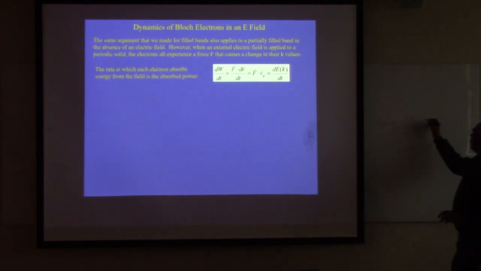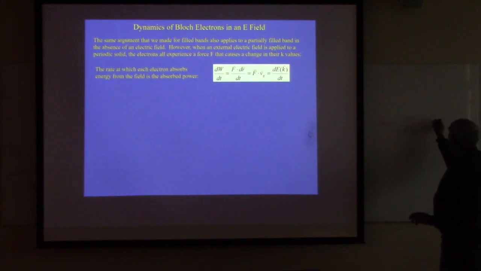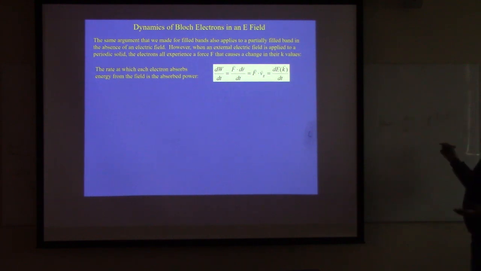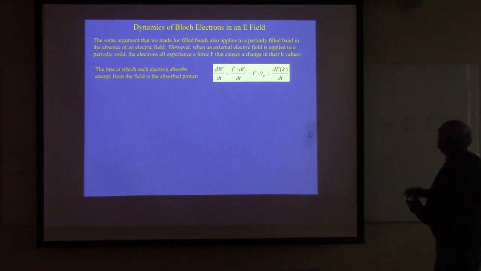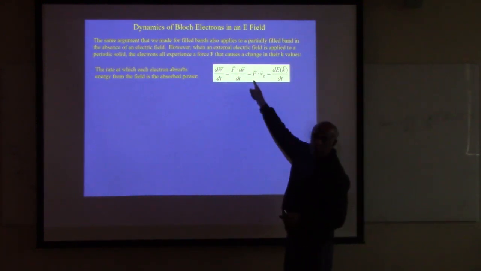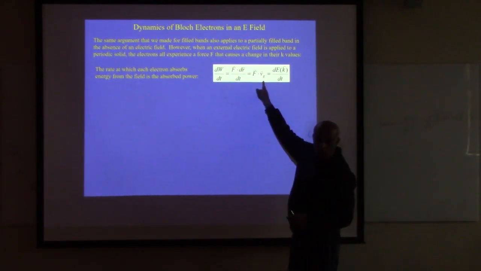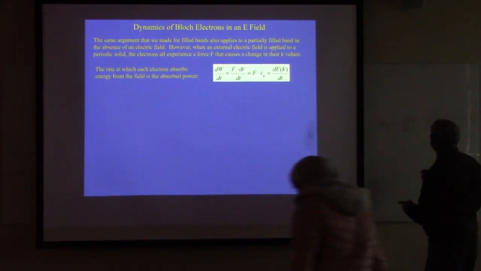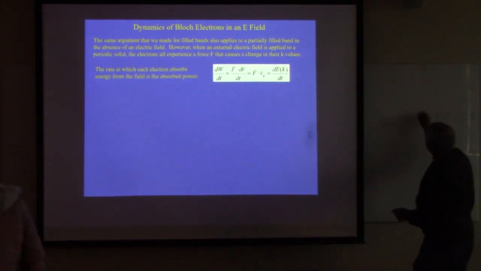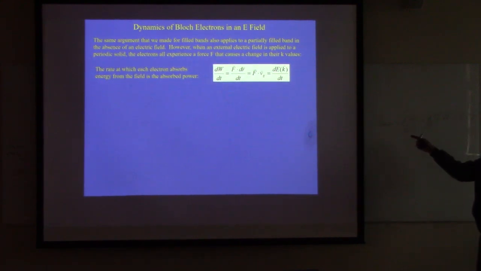So then also we know work done means what? F dot dr, right? So if you take F, dr over dt is basically velocity. So I can write my power as force times velocity, right? Then also work done is basically energy, so I can write this one as dE over dt, same thing, right?